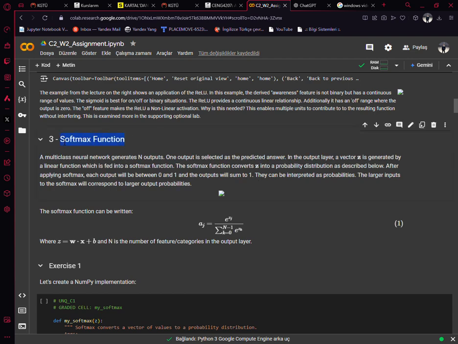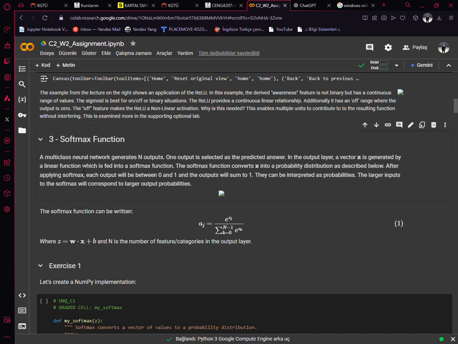For the softmax function, a multi-class neural network generates an output. One output is selected as the predicted answer. In the output layer, a vector z is generated by a linear function, which is fed into a softmax function.